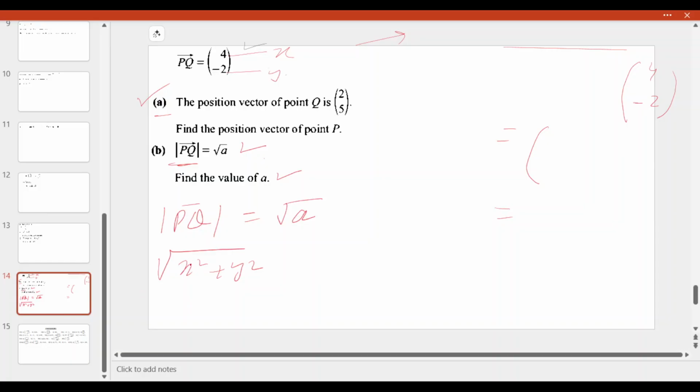We just plug in the values over here. So x squared means 4 squared plus y squared means (-2) squared equals the square root of A.